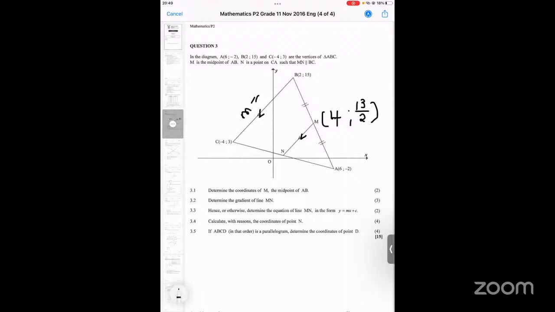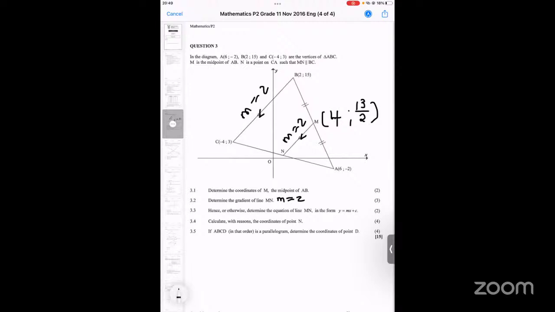Obviously 15 minus 3, which is 12, over 2 minus negative 4. I got 2, sir, 12 over 6. Yes, it's 12 over 6, which is 2. So the gradient for MN is also 2.